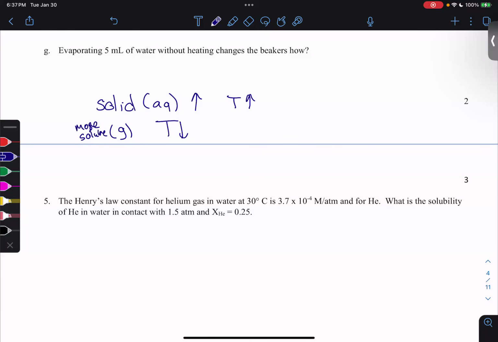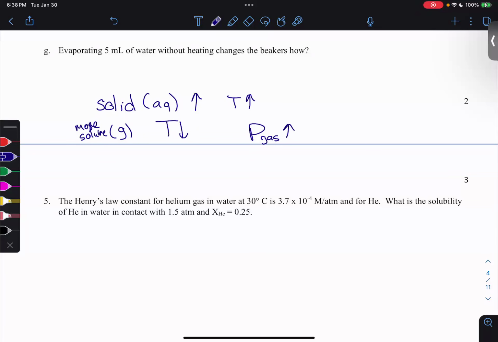But also a property of gases is that the solubility increases when the pressure above that gas increases. When you open a brand new soda can, what does it sound like? What's that sound? Pressure. Cans of soda, they're packed under pressure, high pressure of CO2 to keep those gases inside.